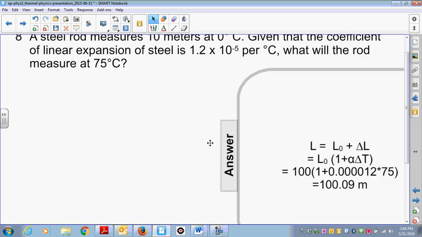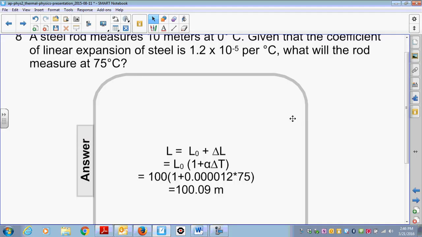Okay, so let's take a look at the solution. Delta L is equal to alpha L naught delta T. So delta L is going to be equal to L minus L naught.